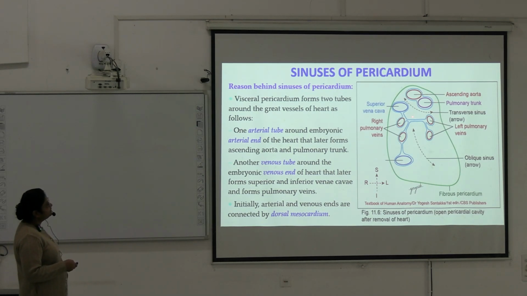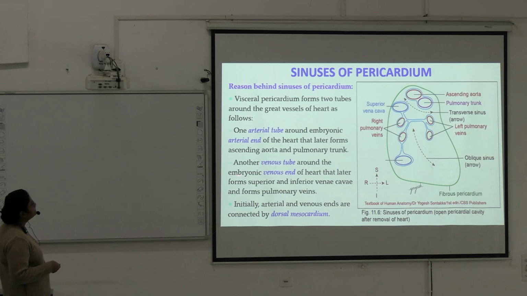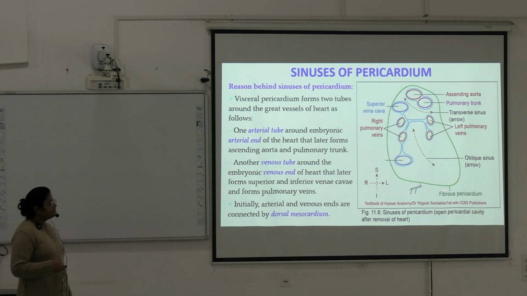See this blue colored lining is around the venous end of the heart, that later forms the superior and inferior vena cava and four pulmonary veins. Initially, arterial and venous ends are connected by dorsal mesocardium. Here these two layers are connected by dorsal mesocardium, and this dorsal mesocardium is reabsorbed to form this transverse sinus.